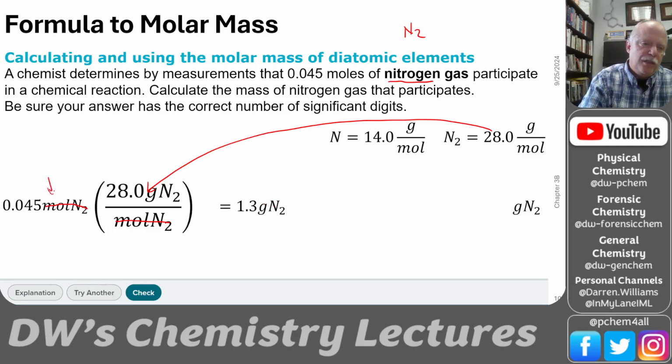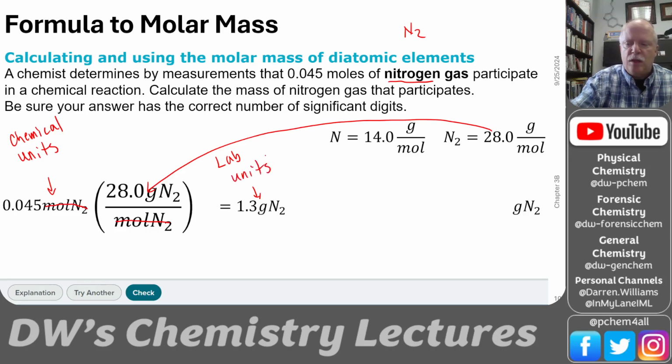So I call these units chemistry units or chemical units, and I call things like mass lab units, because in the lab, we have scales and balances, and we have volumetric glassware and so on. We measure things in lab units, and we convert them to chemical units to do the chemistry, and then we convert them back to lab units. So this particular calculation is one where we're converting away from chemical units and into lab units.